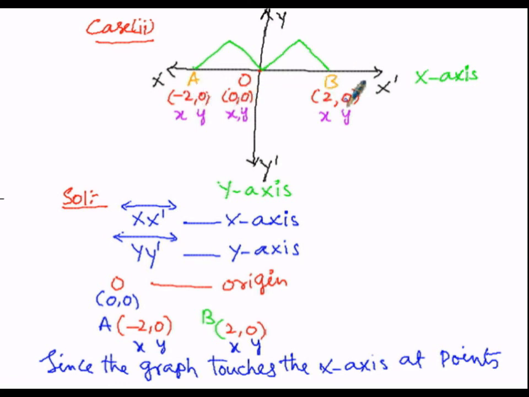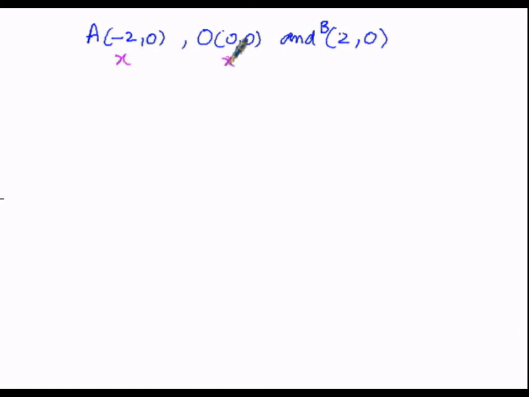The graph is touching the x-axis at point A whose coordinates are -2, 0, O whose coordinates are 0, 0, and the third point is 2, 0, that is B. In all these cases, the x coordinates are -2, 0 and 2, and the y coordinates are 0, 0 and 0. Since the y coordinates are each 0, these three points are lying on the x-axis.